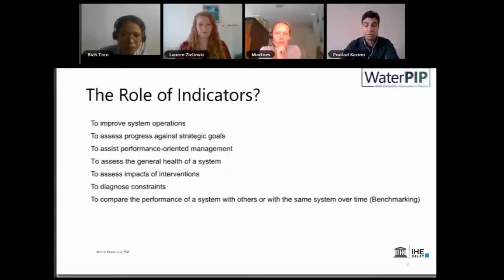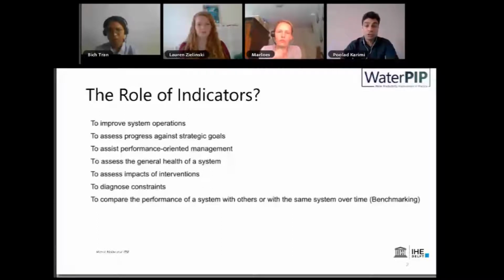As a day-to-day operation of the irrigation scheme, we can use these kinds of indicators and performance assessment to guide those. We can also use that to look into the general health of the system. And when we do interventions, we can also see what the impacts of those interventions are.